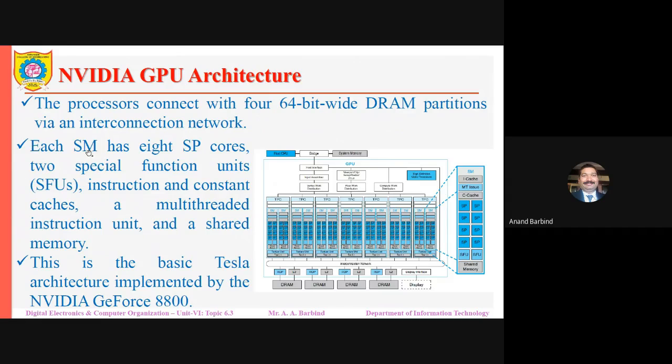Each SM has 8 SP cores, 2 special function units, SFU, a multi-threaded instruction unit and a shared memory. You can see here that the SFUs are there, and these are the 8 cores in one SM.